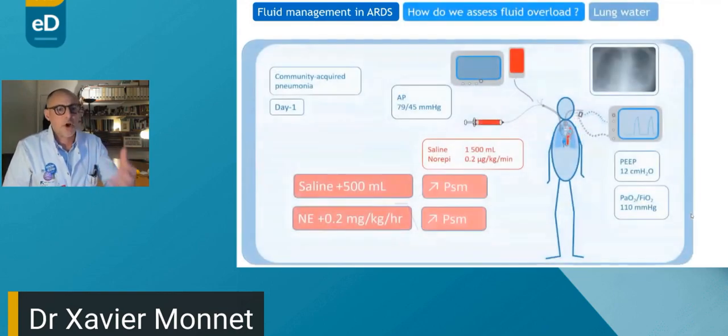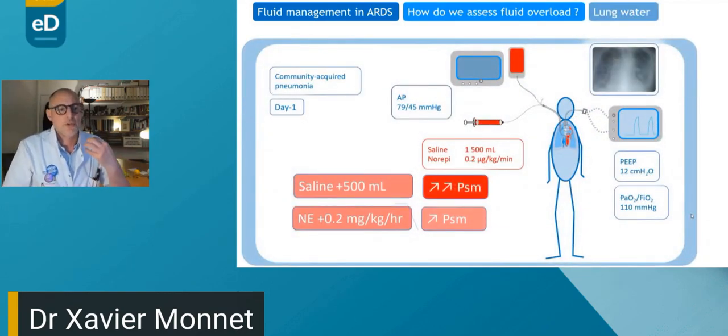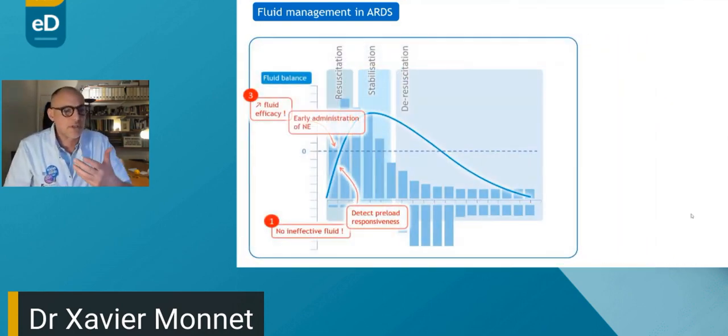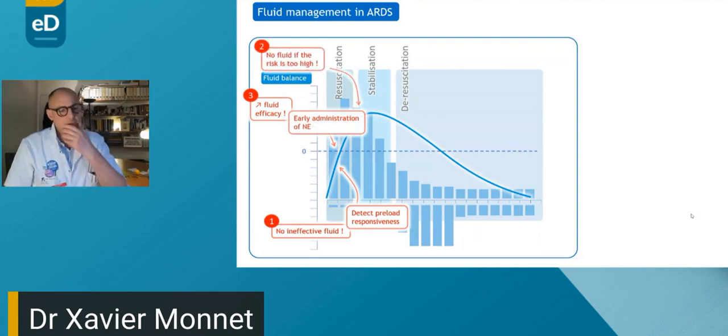Again, I think it is an argument for giving norepinephrine earlier in our patients. Once we have increased norepinephrine, the next fluid administration might be more efficient. So it might be something helping us.